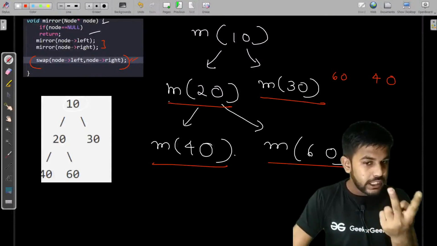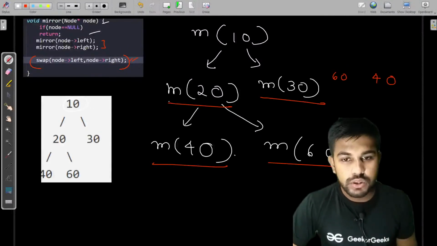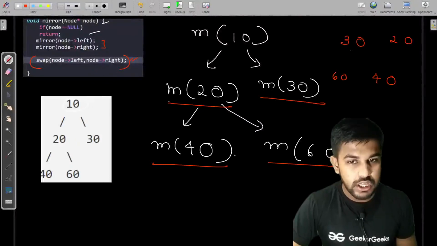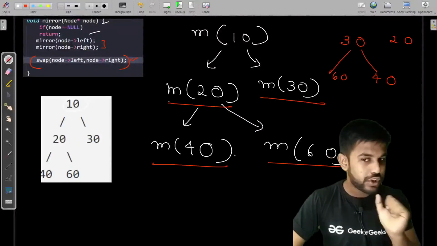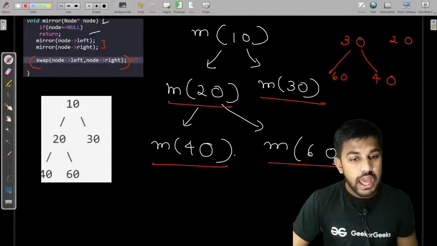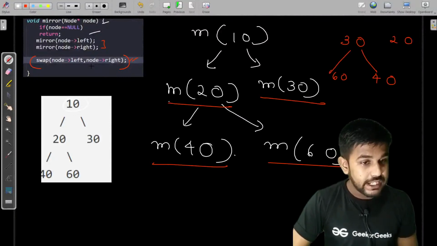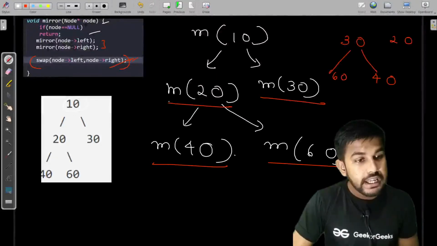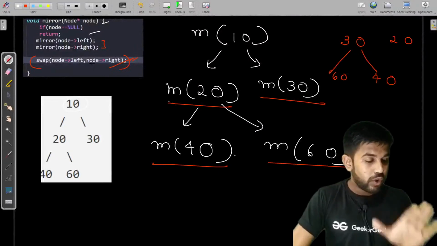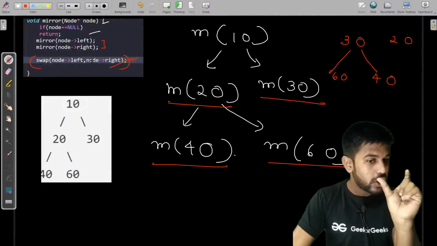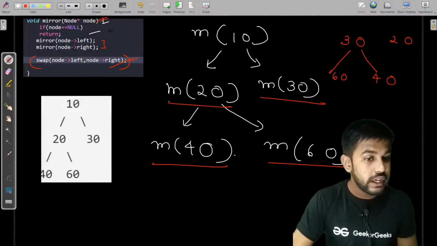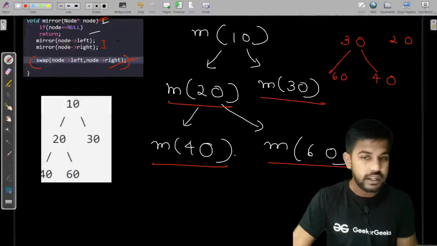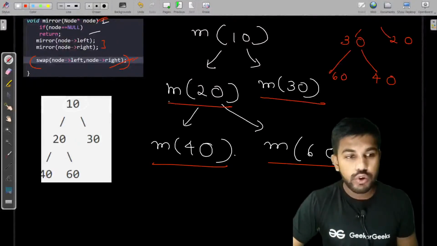So 20 and 30 would now be swapped. So 30 would come at this position and 20 would come at this position, and the structure would remain the same. Now as these two are visited, this node's work is done, because we are not swapping the root itself. The root itself is not doing anything, so the root would remain the same, that is 10 here.